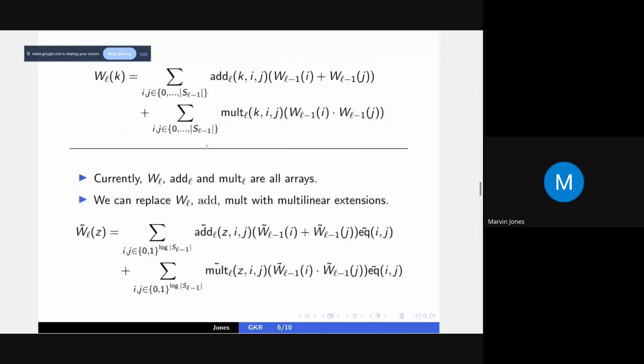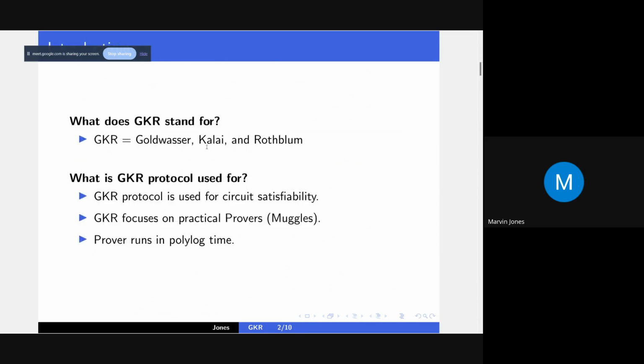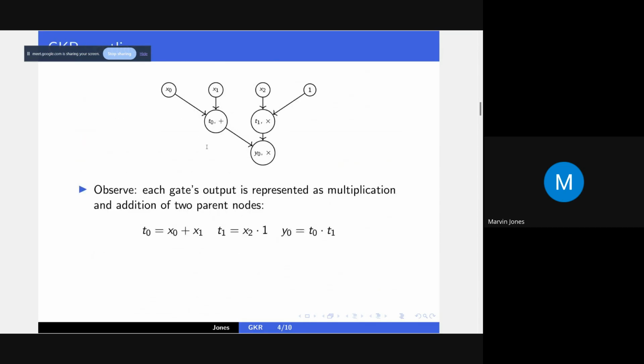Okay, the one thing I wanted to add is that in recent times, I was looking for a nice layered circuit, and we've talked about this in a previous call to some extent, but I figured I'd mention it in the GKR talk.